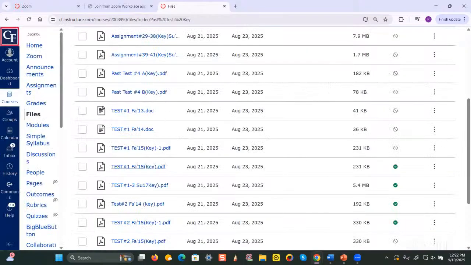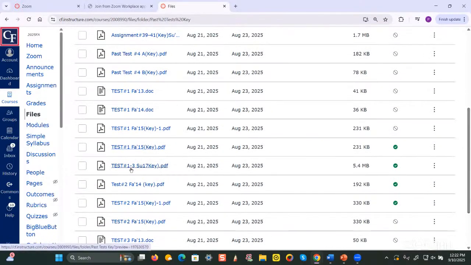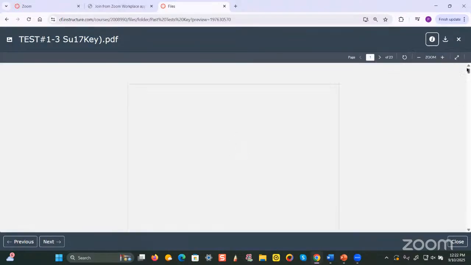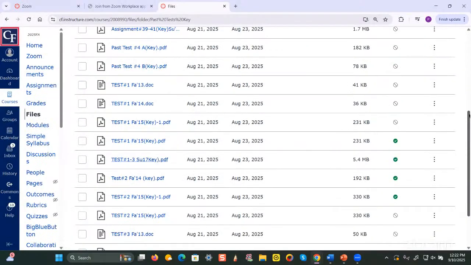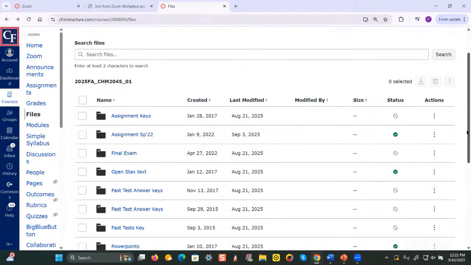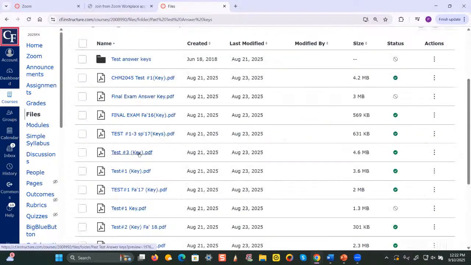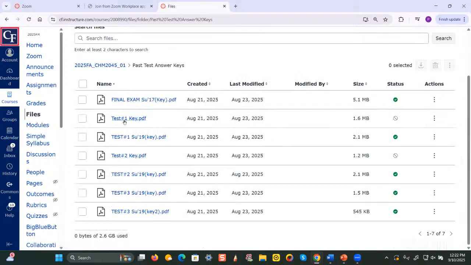Am I looking at the wrong one? How did these get there? Ah, okay, I don't know how these Chem 2 stuff got here. You know what? Let me try another folder. Okay, this should be more promising.